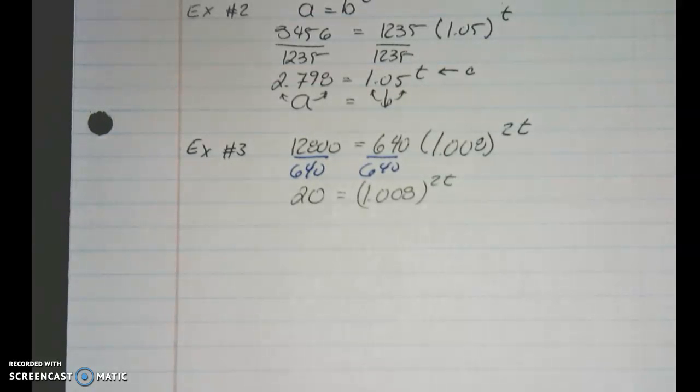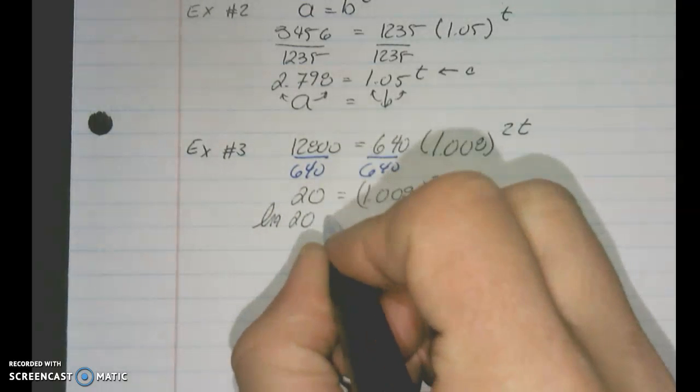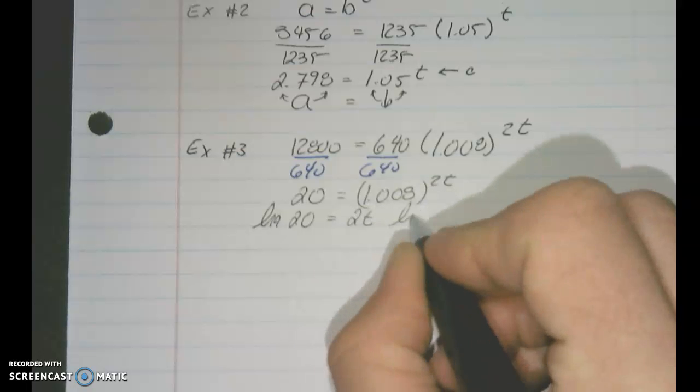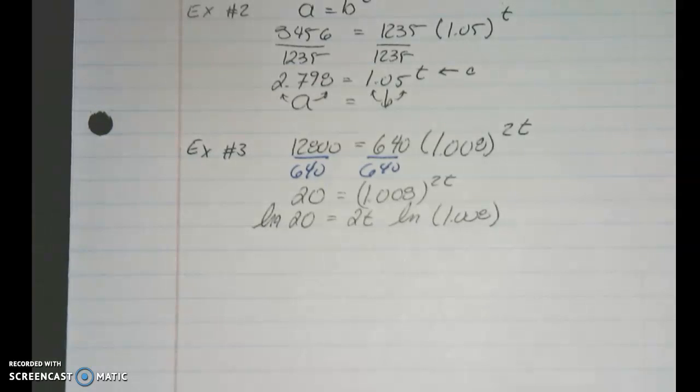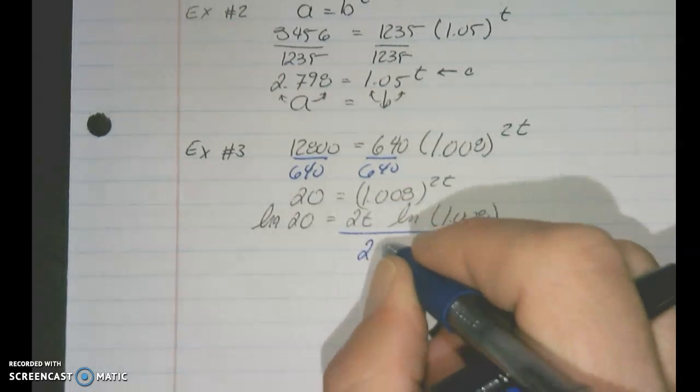How do I get that power down? What do I need to take? Okay, let's take the natural log. I'm going to bring down that 2t because that's the power. So it looks like that, correct? Then I'm going to divide by everything except for that t.